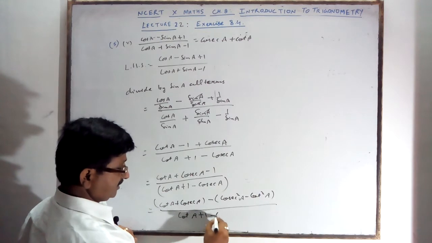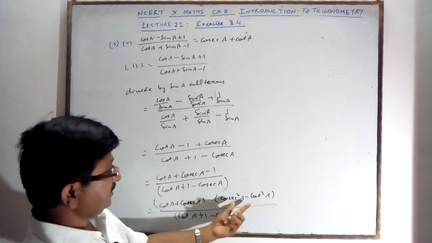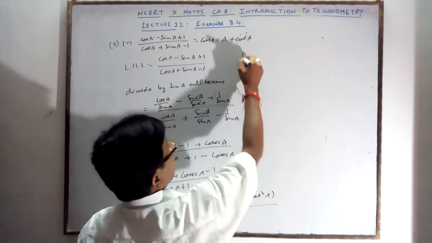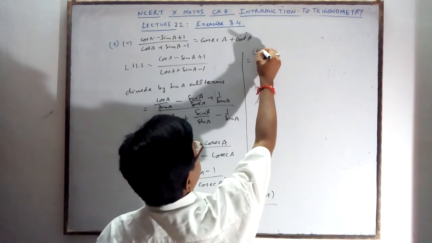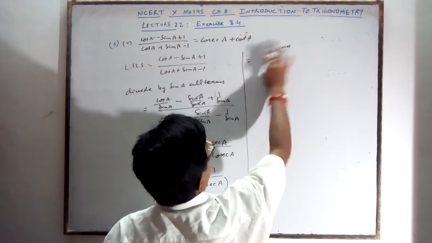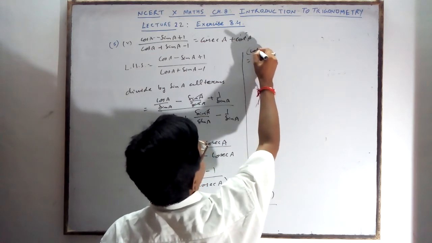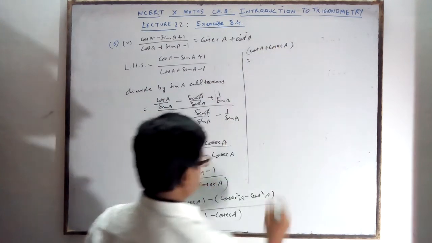Cot A plus 1 minus cosec A in the denominator. A plus B, A minus B you apply here in the numerator. So here it is cot A plus cosec A, and another bracket. What will you get?